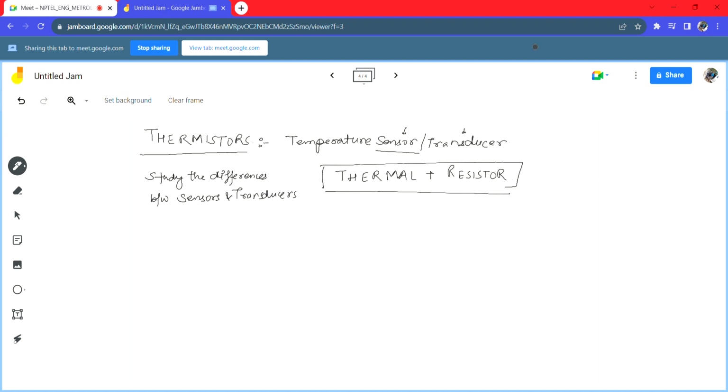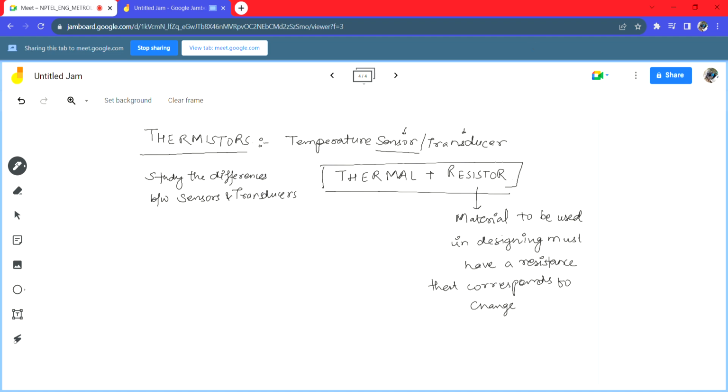With this breakup, you can make out that the material to be used in designing must have a resistance that corresponds to changes in temperature. Now what does this mean?